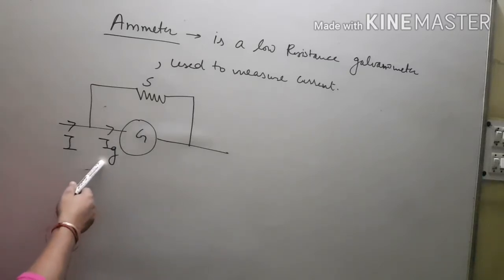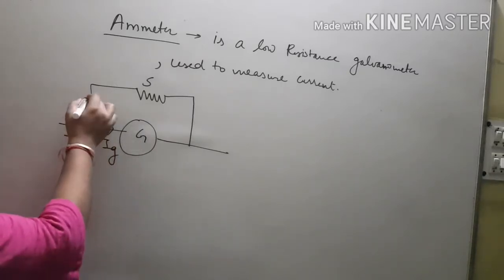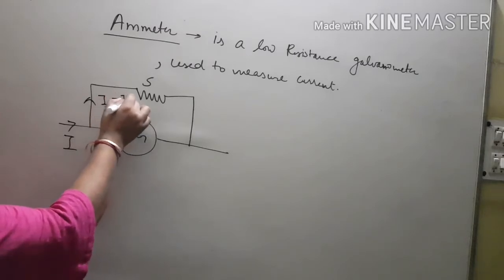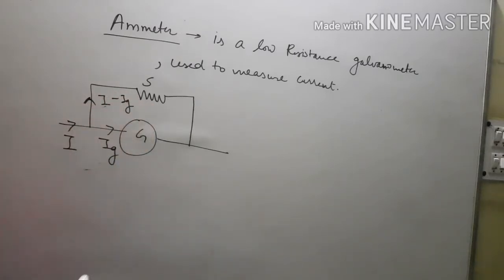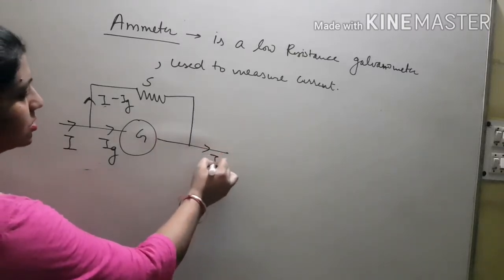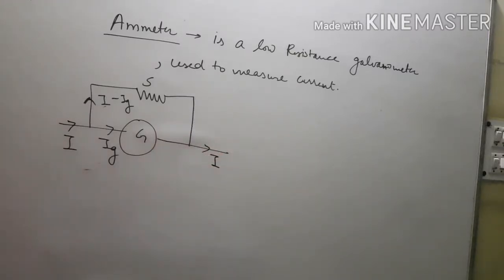If Ig goes across this path, then I minus Ig is left, and that will flow across the shunt. Now both are coming to a single path, so total current is again I.